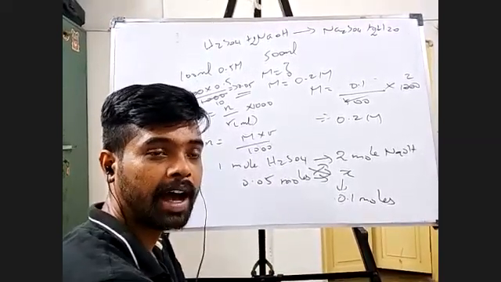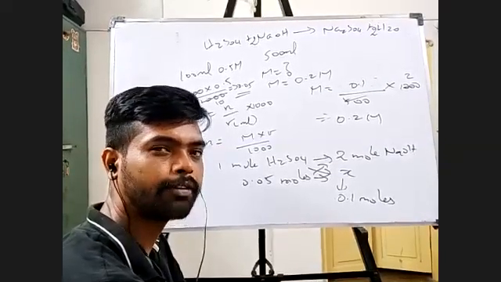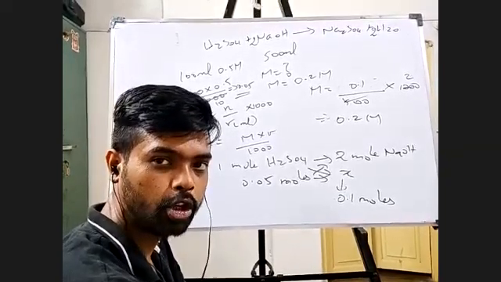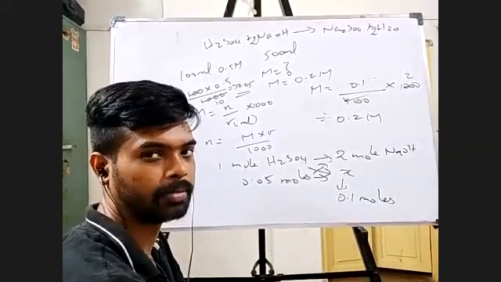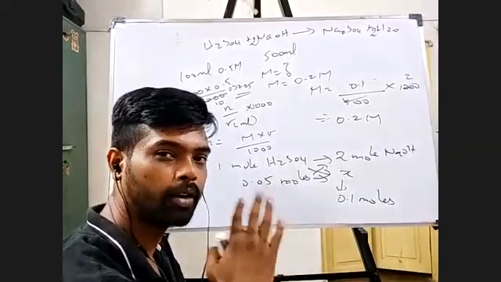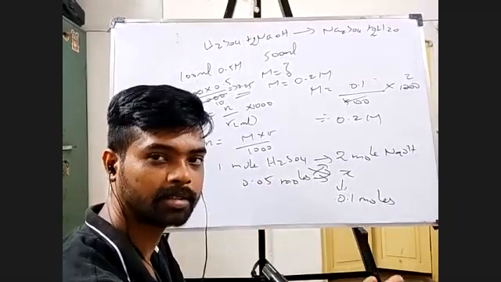But what if I have 4 legs and only 3 hands? Can I make two humans? No, I can make only one human. Why? Because even though I have 4 legs, I have only 3 hands with me. I require 4 hands.